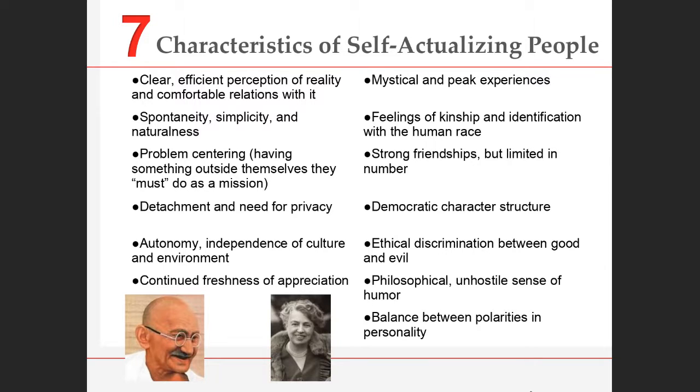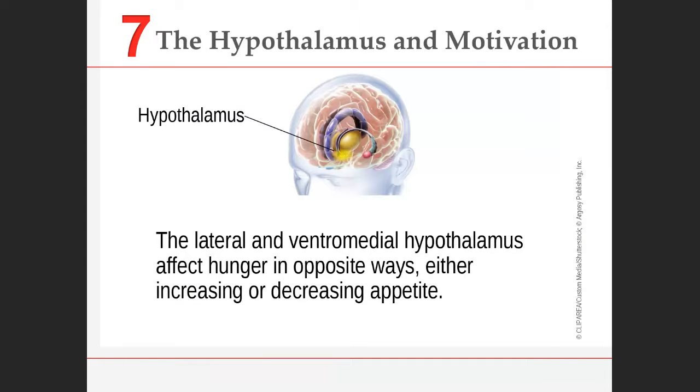All right, so I also want to point out, as far as motivation is concerned, there is a physiological or brain basis to motivation, and that is that the hypothalamus is very much involved in helping us detect our lower level needs, our need for food and water.